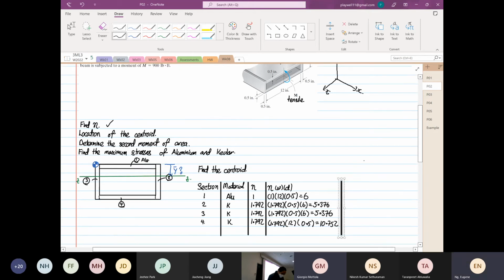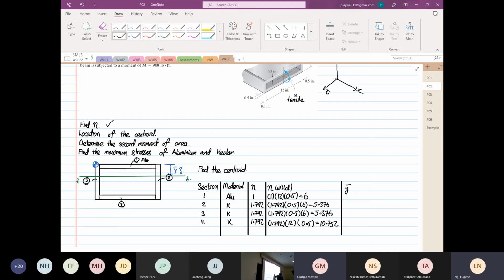local Y bar or member Y bar, small y bar. Yes. The width should be 1? It should be 12 because, if you look at the diagram, 12 is from here to here.